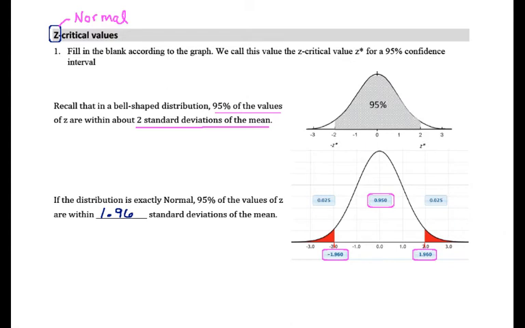And we call that 1.96 a z-critical value, which we often refer to as z-star, because rather than being a z-score from a particular calculation, it's a critical cutoff value. We call it z-star for 95%.